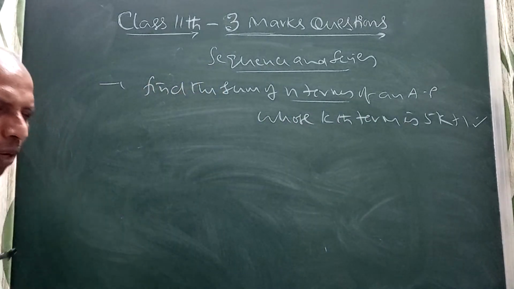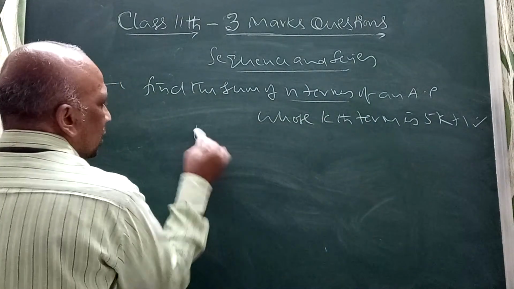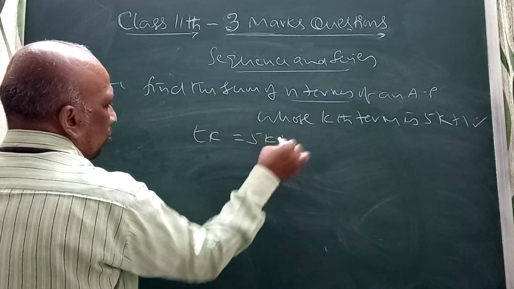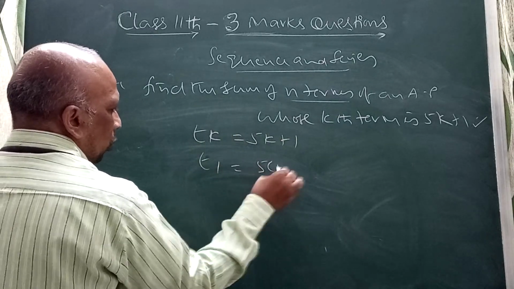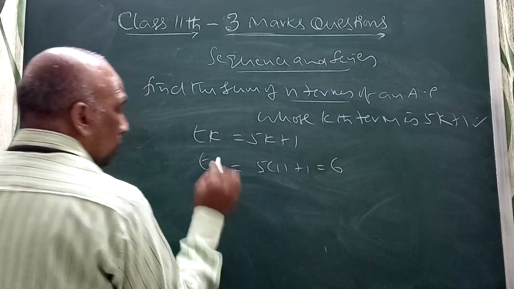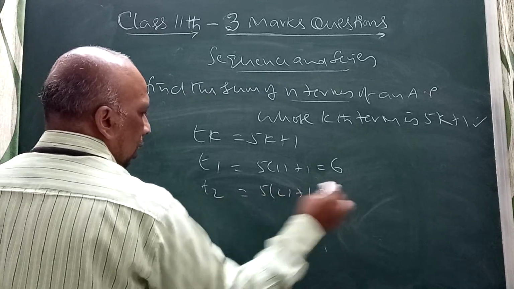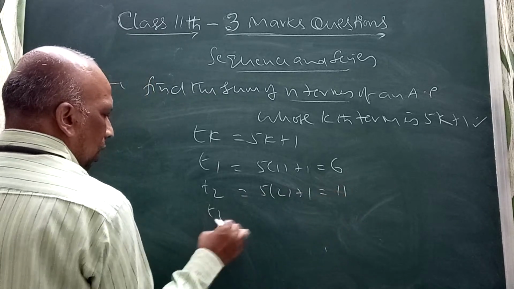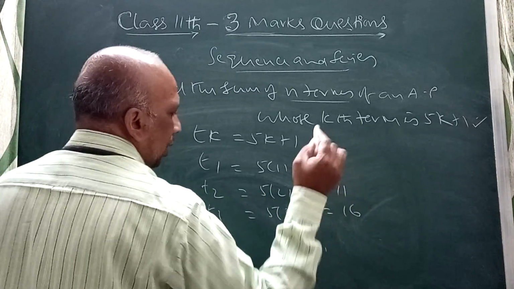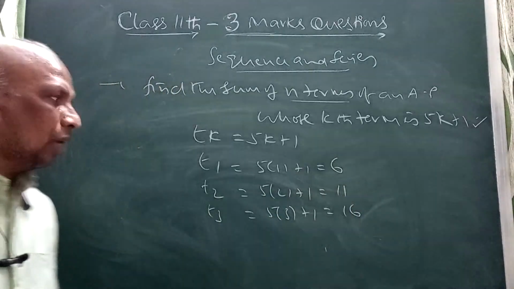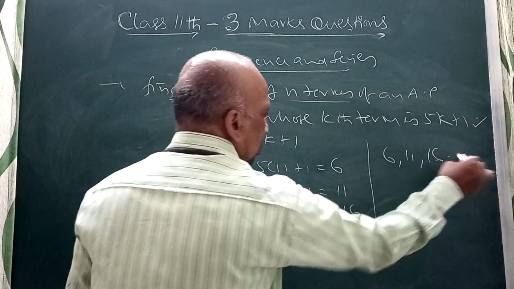You can check that in this problem, Tk is given: Tk is equal to 5k plus 1. T1 means you will get 5 into 1 plus 1, it will be 6. The first term is 6. T2 is 5 into 2 plus 1, 10 plus 1, 11. T3 comes 5 into 3 plus 1, it comes 16, right? You can observe that I got consecutive terms 6, 11, 16 and so on.